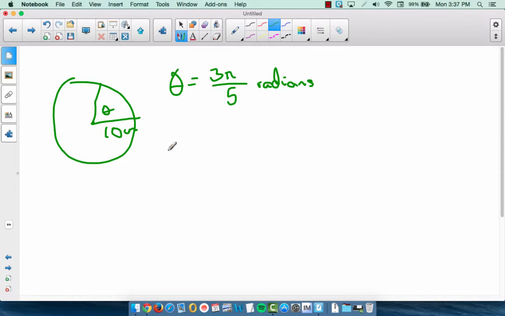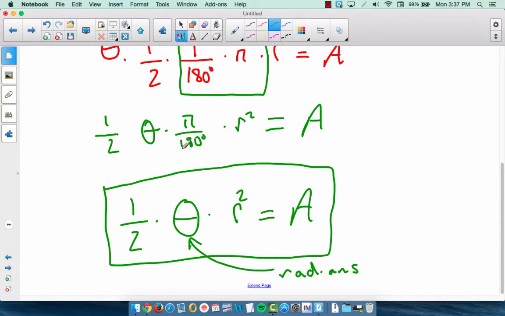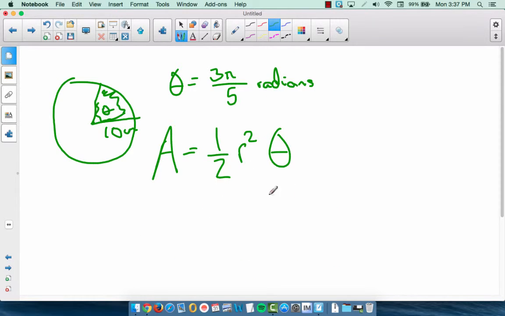Now all I have to do to find that area is to say that area equals 1/2 r squared theta. So that's a little bit different from if we scroll down here. I said 1/2 theta r squared. I might say 1/2 r squared theta. Same thing.